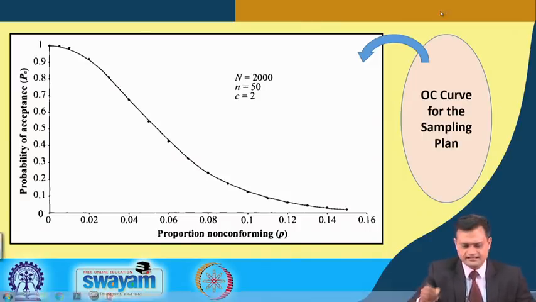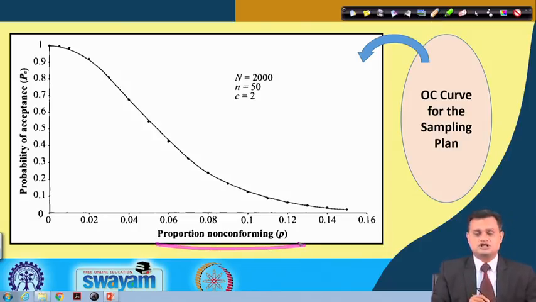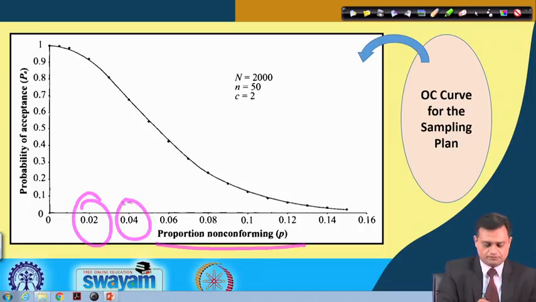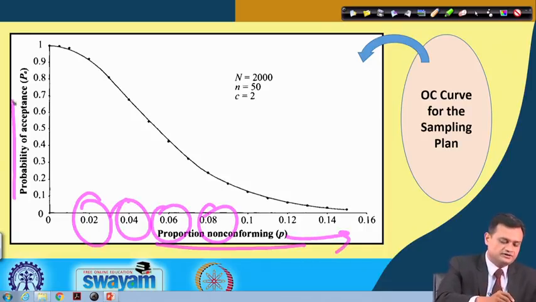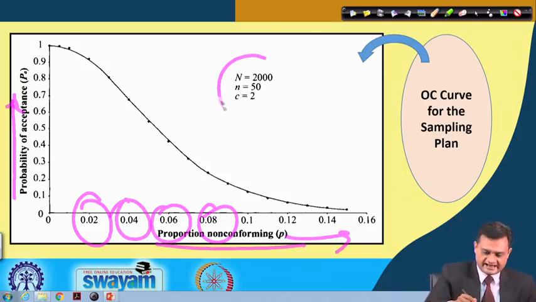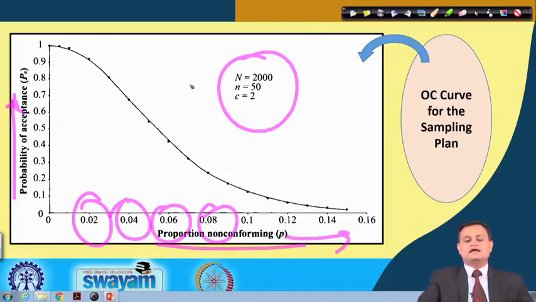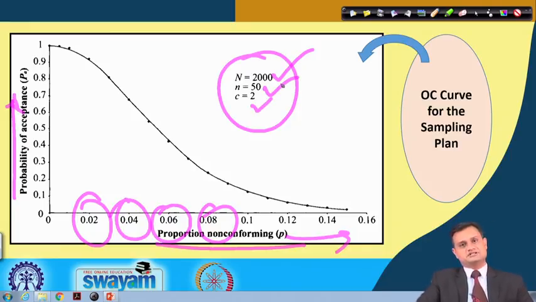You can see here that on the x-axis you have the proportion non-conforming, so 2%, 4%, 6%, 8% and so on, and you have the probability of acceptance which you have determined from the cumulative Poisson probability table. This particular acceptance sampling plan is for N equal to 2000, that is the lot size, small n equal to 50, that is your sample size, and c equal to 2, that is the acceptance number.